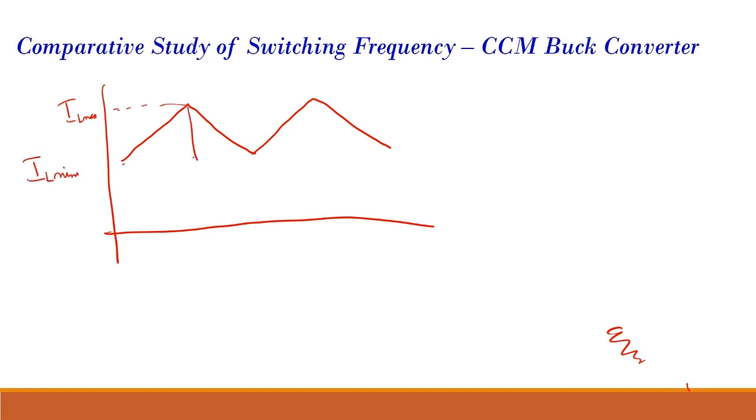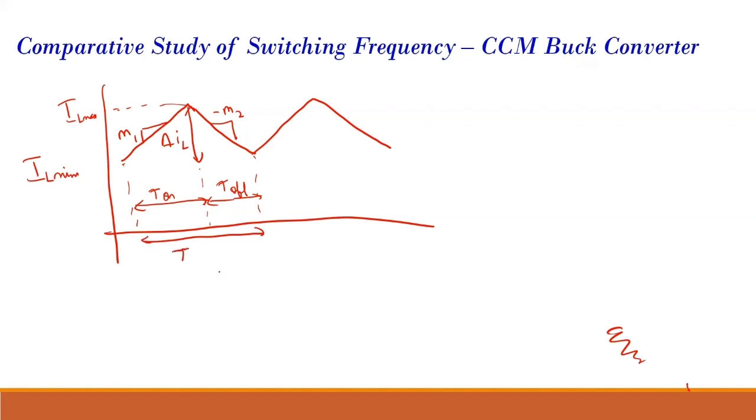And this is your delta IL, your current ripple. This is your rising slope M1. This is your falling slope M2. This time is your on time. This time is your off time. This total time is the time period, the steady state time period.